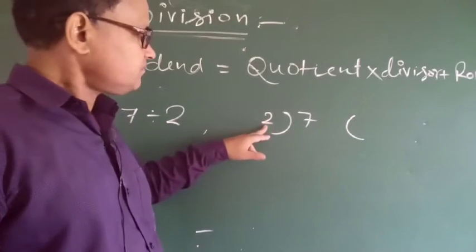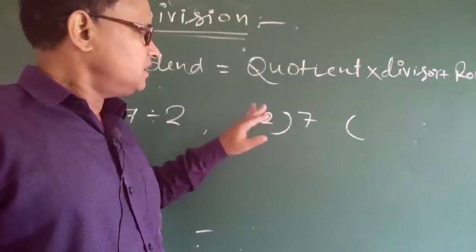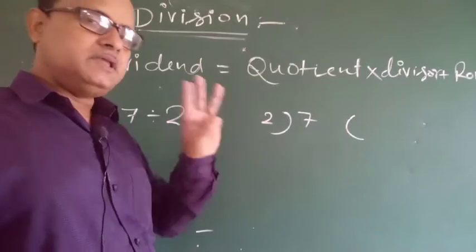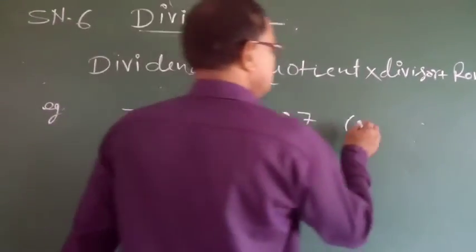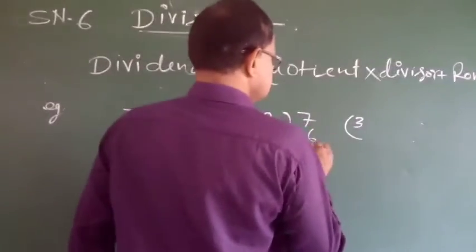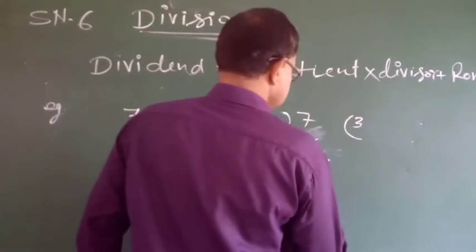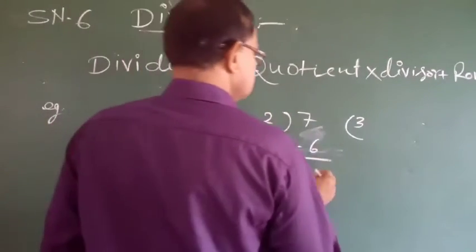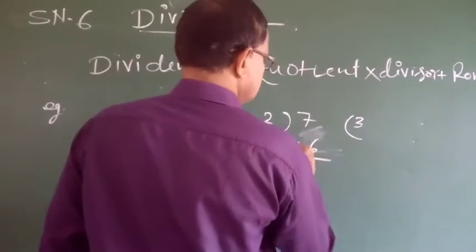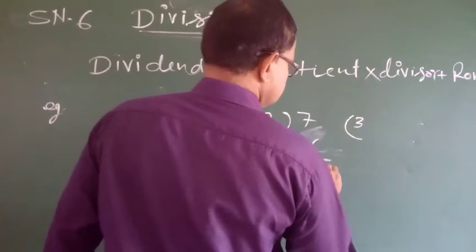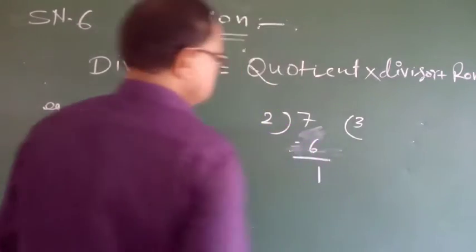Okay. In this case, we read the table of 2 three times. Look here, 2 3 are 6. 7 minus 6 is equal to 1.